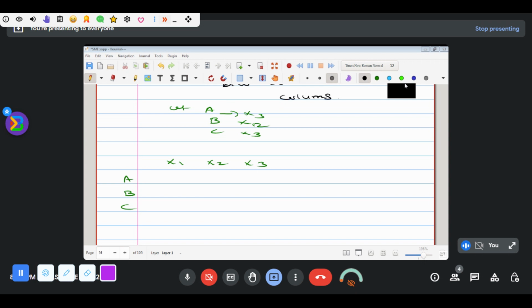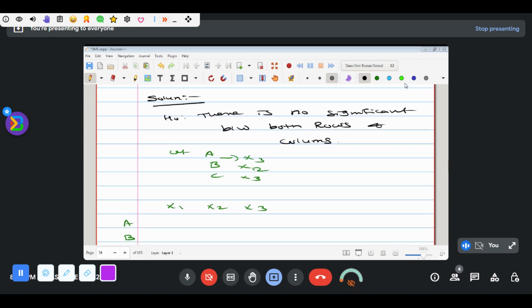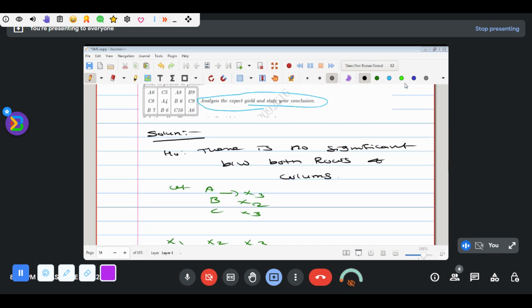Then write all the values. What is the A value? The first value, write directly: 6, 8, 7.